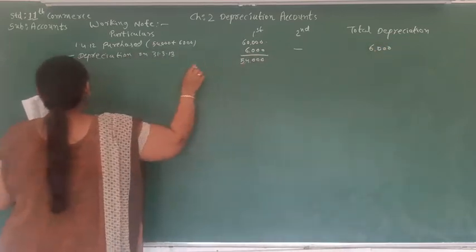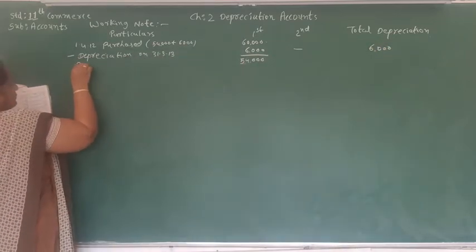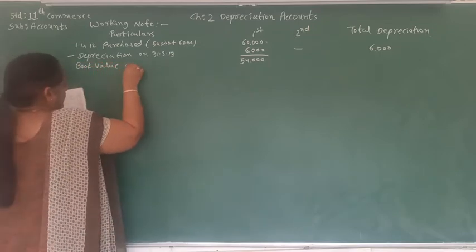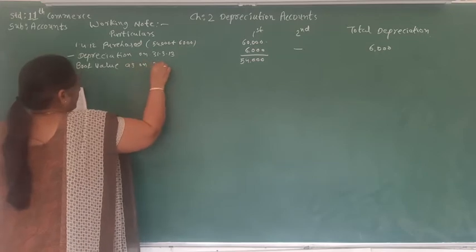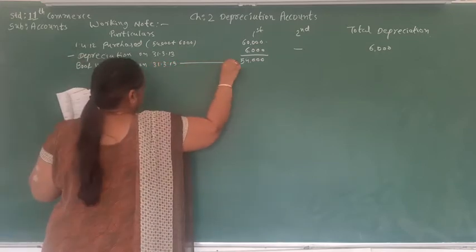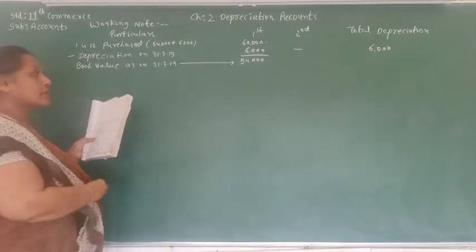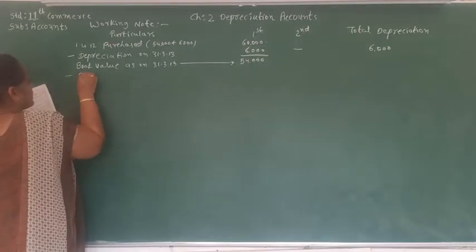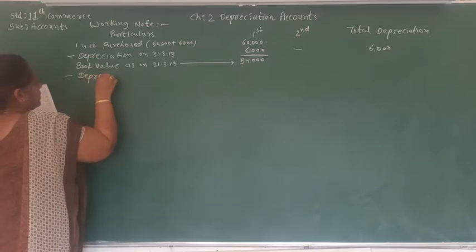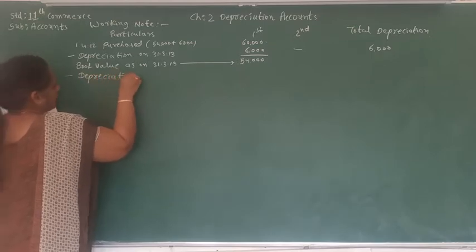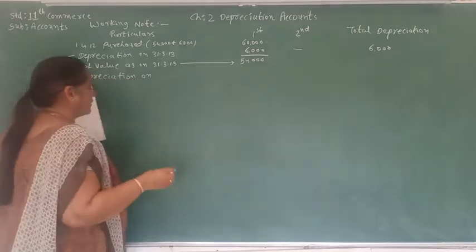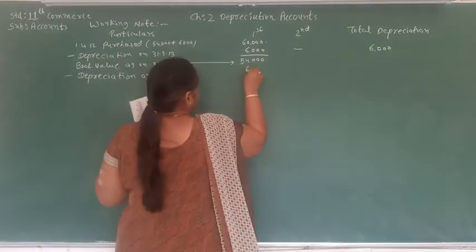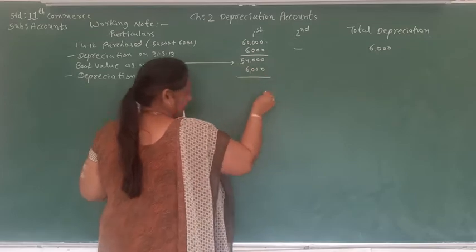And here we will write book value as on 31st 3/13. Now let's provide depreciation for the second year, on 31st 3/14, and that will again be 6,000 as it is straight line method.